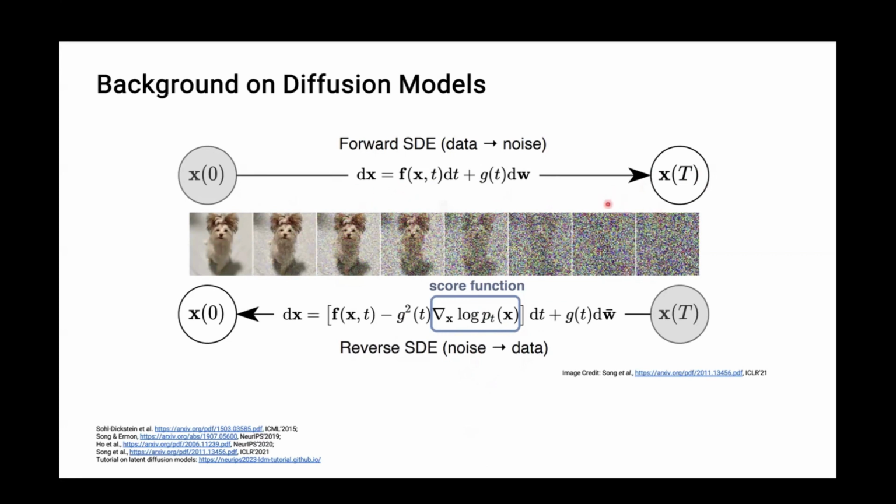And then figure out in each reverse step how to denoise just a little bit. If you can figure that out, then you can patch them all together to run the sampler which I want. And it turns out you can learn this essentially through this score function. I'm not going to get into it. And that's really how diffusion models work.